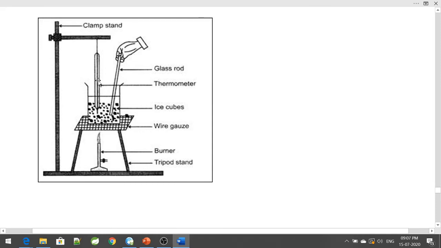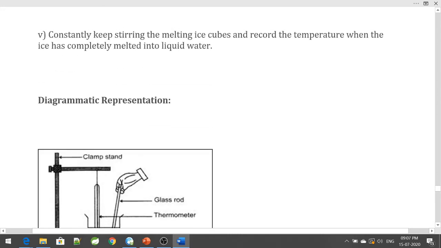In the thermometer we have mercury. As the temperature increases, the mercury level comes up. At what point it comes, we will note down, and by that we can say that at a certain temperature the ice started melting.